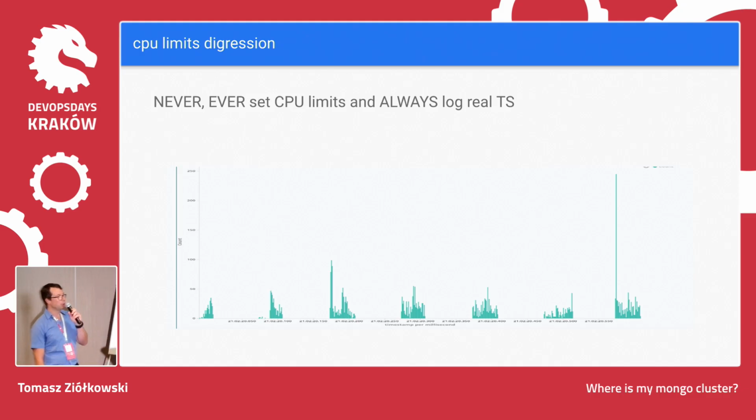It means if you use your resource in the first 50 milliseconds of the settlement window, you won't be able to get any CPU until the end of it. So you should never set CPU limits for a workload that is latency sensitive. And I also recommend to always log the real timestamps to be able to see such situations.